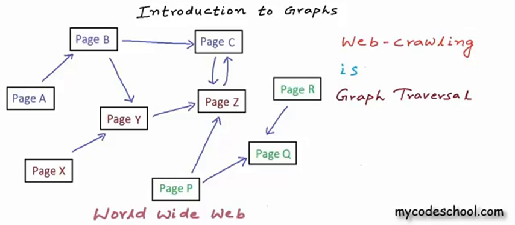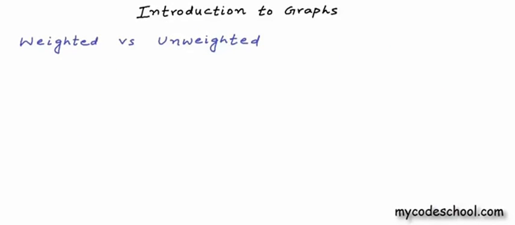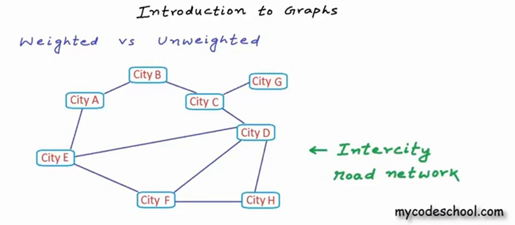Okay, now the next thing that I want to talk about is concept of a weighted graph. Sometimes in a graph, all connections cannot be treated as equal. Some connections can be preferable to others. Like for example, we can represent intercity road network, that is the network of highways and freeways between cities, as an undirected graph.